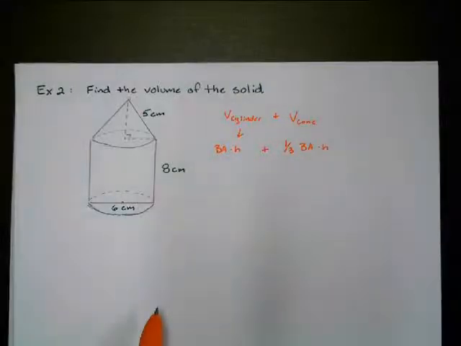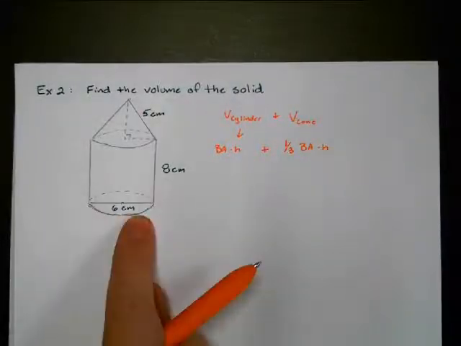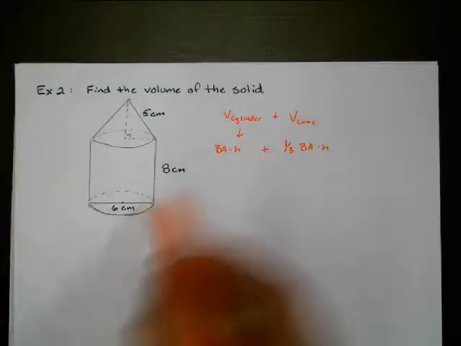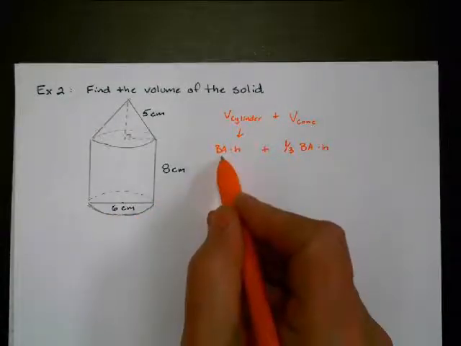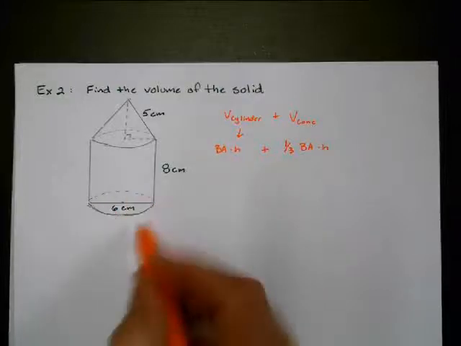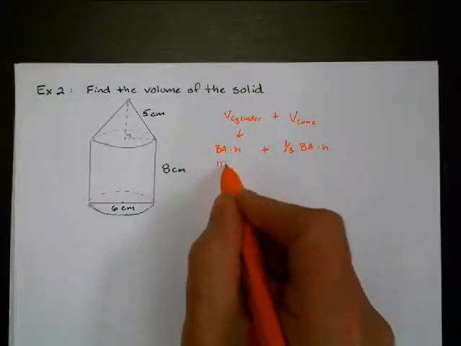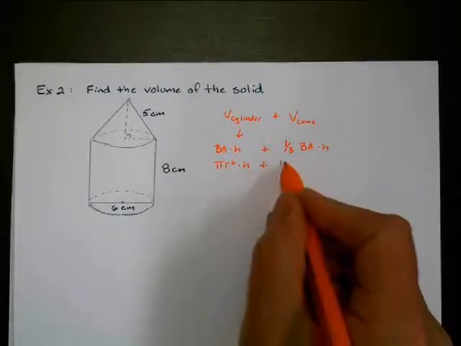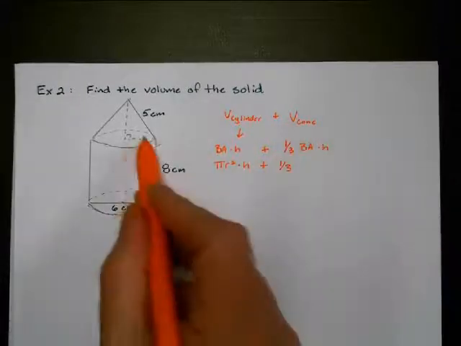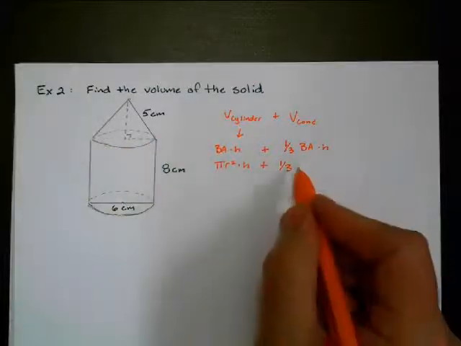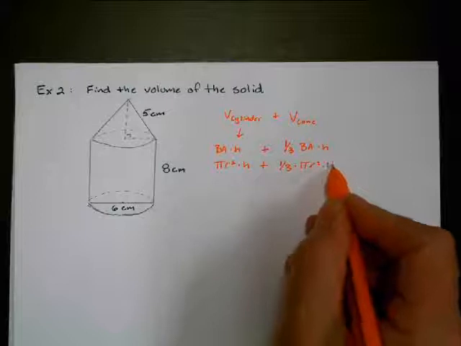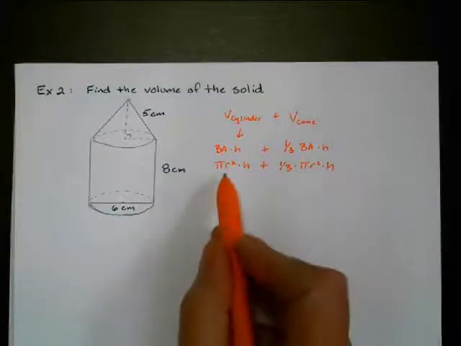Okay, so let's look at the cylinder first. Well, it gives me the diameter here, but for base area, since this is a circle on the bottom, we're going to use pi r squared. And then over here, since the cone also has a circle as its base, the base area is pi r squared. All right, so we need r and we need the height.